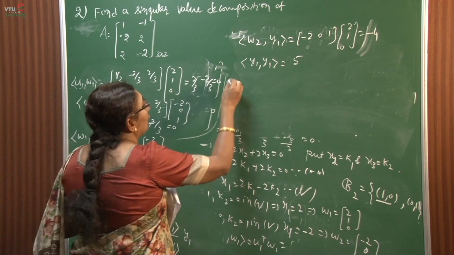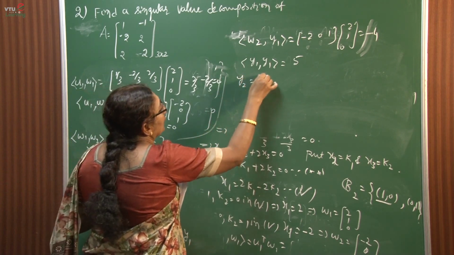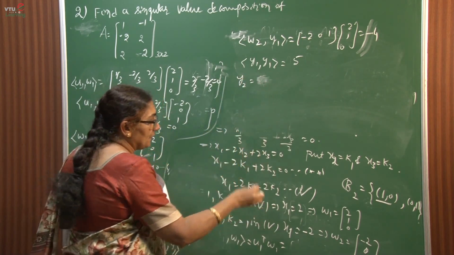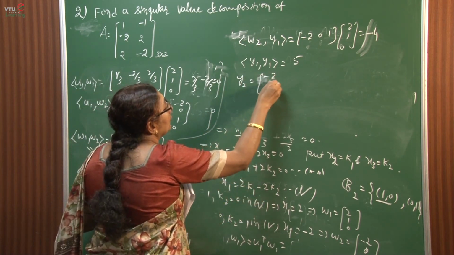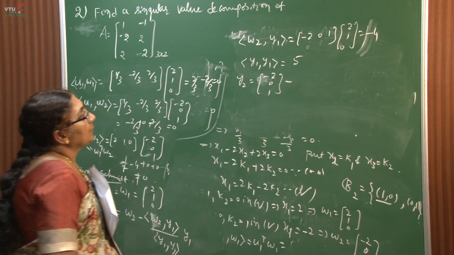Next, for Y2, W2 is minus 2, 0, 1 minus the inner product we found.